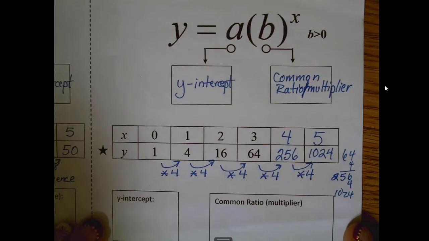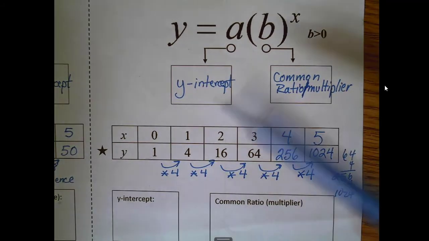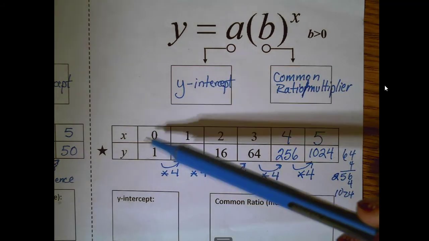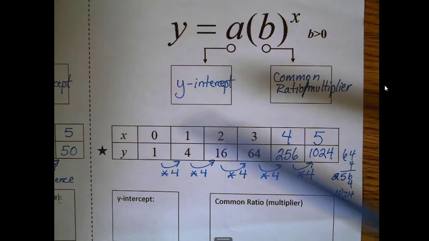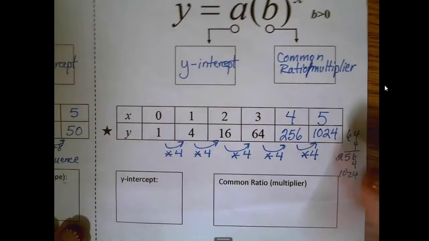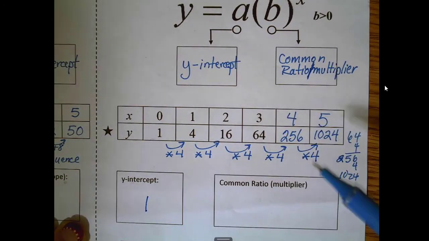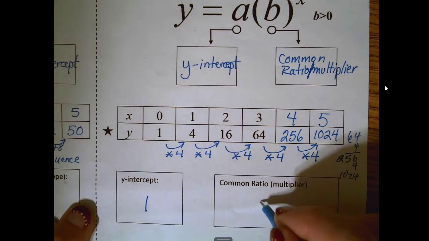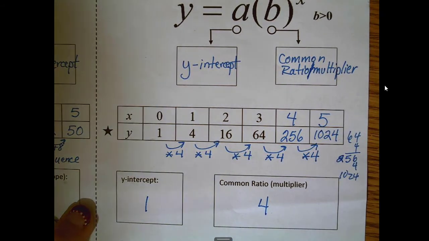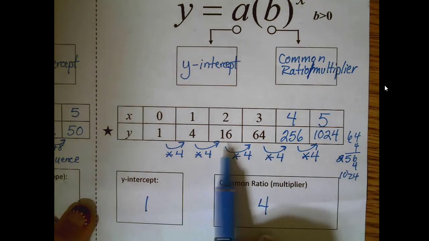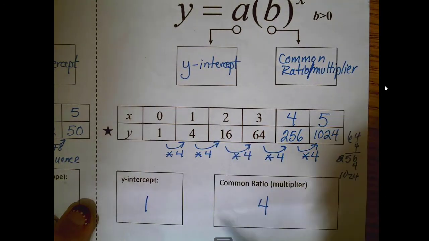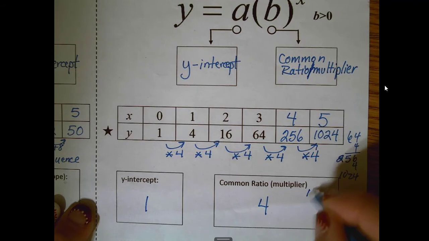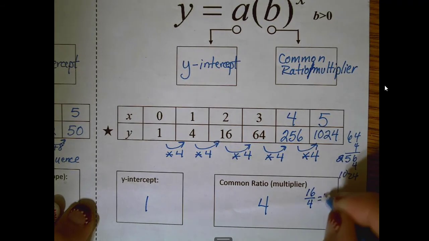Now this time the y-intercept in this chart, again, it's when x is 0. What is our y value? This time our y value is 1. And our common ratio, or our multiplier, is 4. Now we could also get that by taking two values in our y chart. I could go 16 divided by 4. That gives me 4.